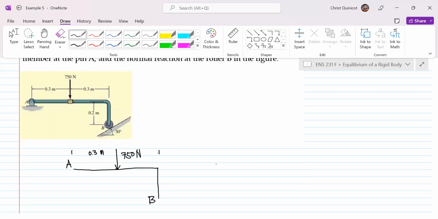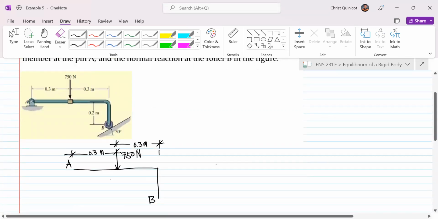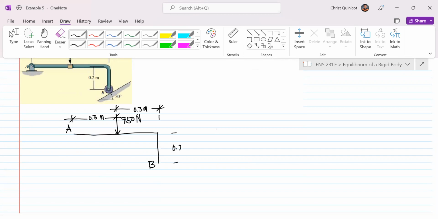And from here to here is also 0.3 m. Now the perpendicular distance from A to B is 0.2 meters. From here to here is 0.2 meters.